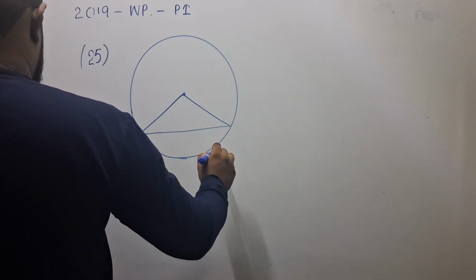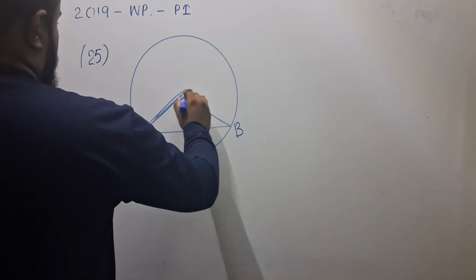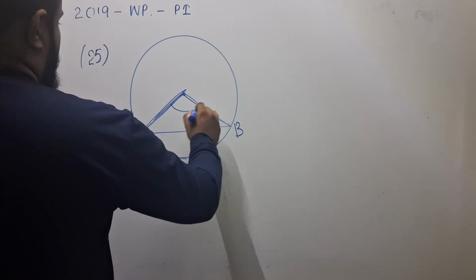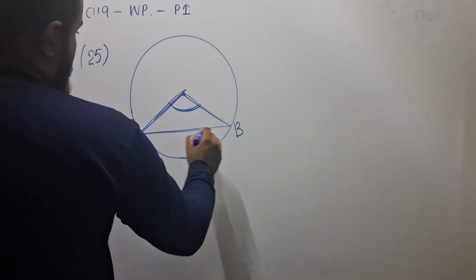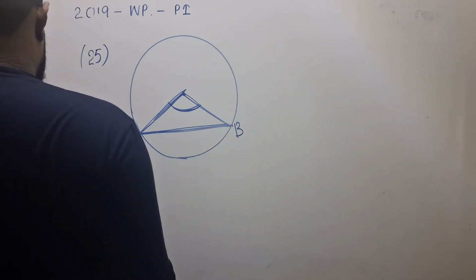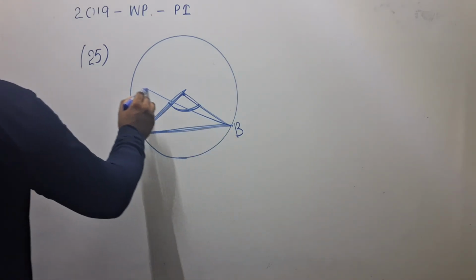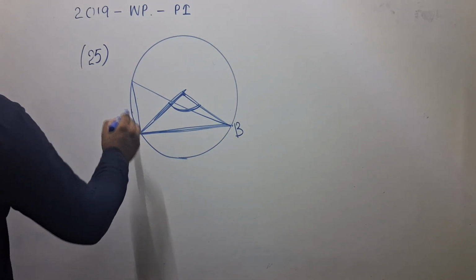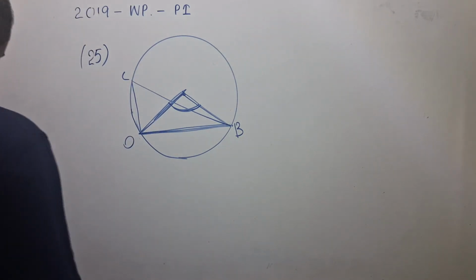OB. This is the angle subtended at the center of the circle by this OB segment. And with this same OB segment, the angle OCB is subtended on the circle.